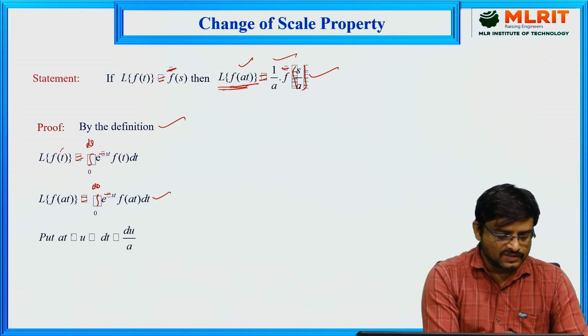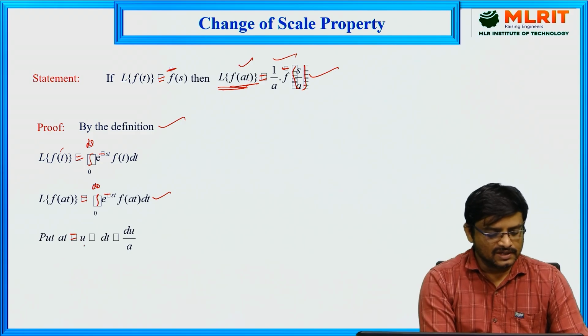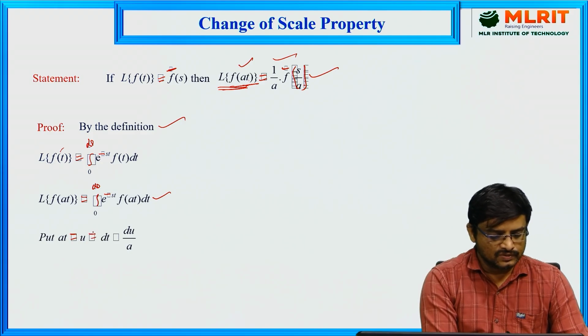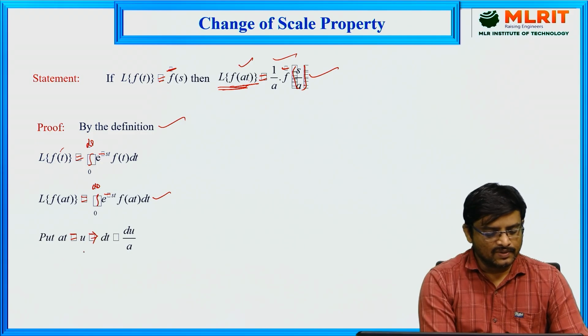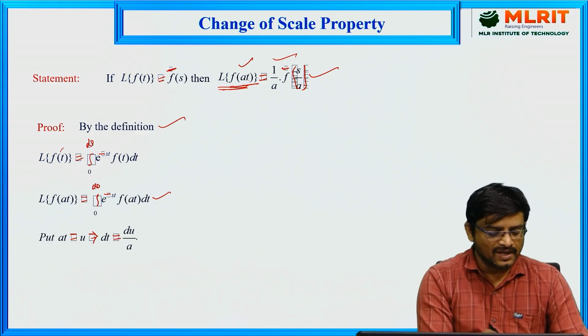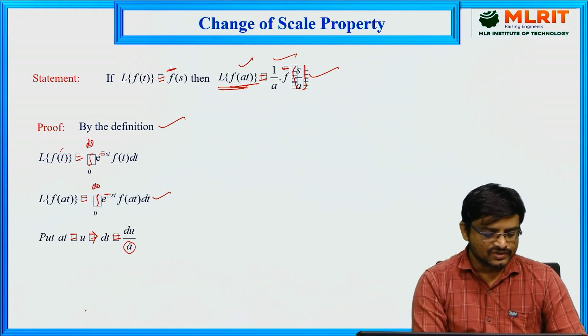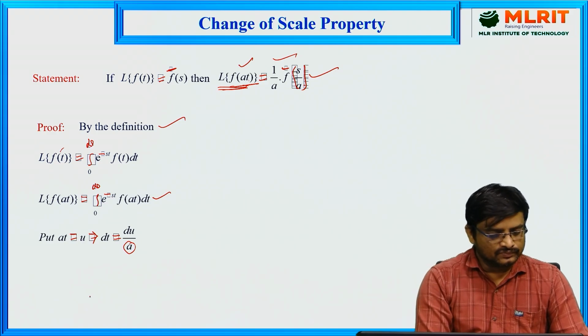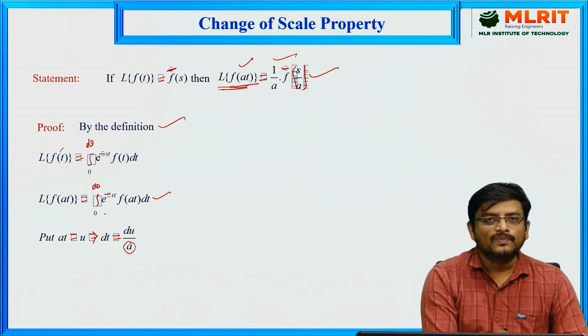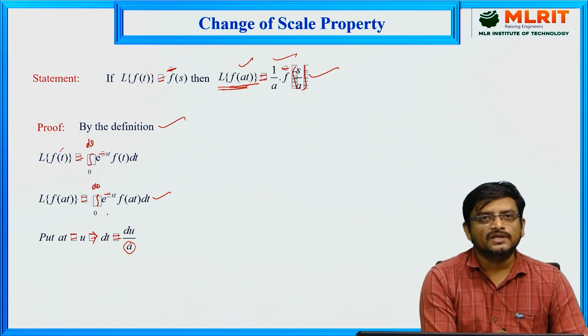So put at is equal to u. Then apply the derivative on both sides. You will get dt is equal to du by a. Here a is constant. Now what I am doing is, I want to apply the substitution method to get this integral value.